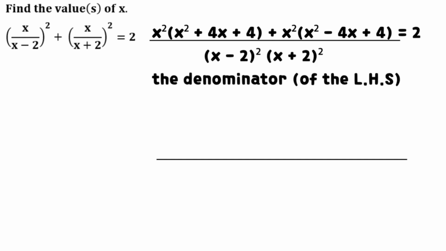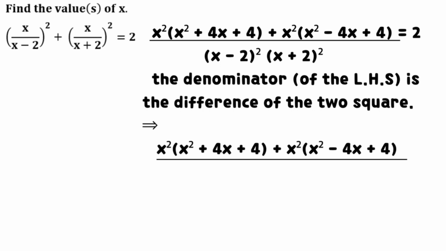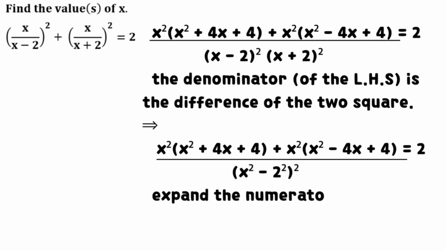We obtain the expanded form of the equation as shown on the screen. Notice that the denominator of the left-hand side of the equation is the difference of two squares. Replace it in terms of the product form as shown.